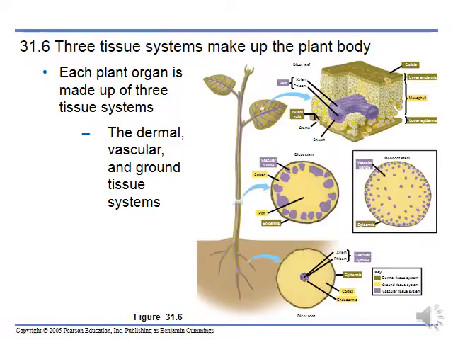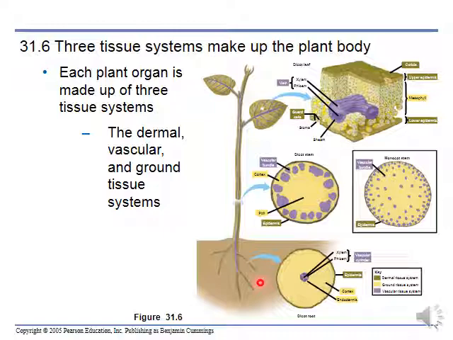There are three types of tissue that make up a plant: the dermal, the vascular, and the ground tissue system. In this diagram, and pretty much every diagram in this lecture, the vascular system is in purple, so you can see here's a vascular bundle, as this is a cross-section of a stem. The vascular bundles go down into the roots.